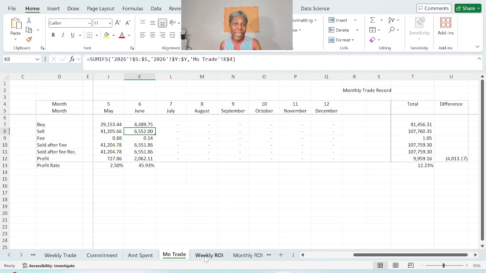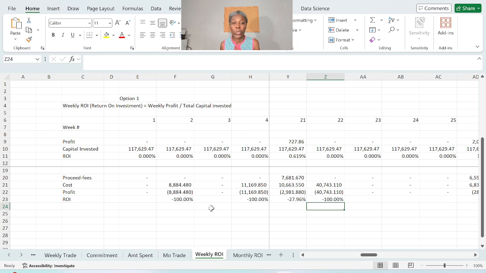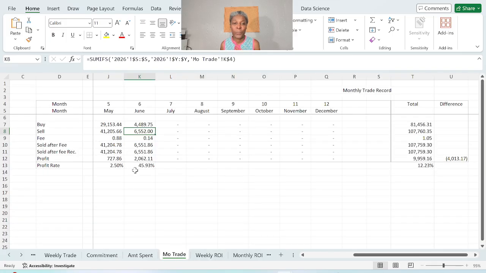But again, you can design it based on what you want to track. And then I have those reports calculating the rate of return, and I have multiple different ways to calculate it here, but I prefer the ones that are related to stocks that are sold and how much I paid for them.